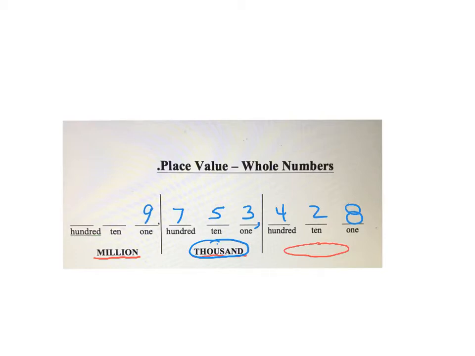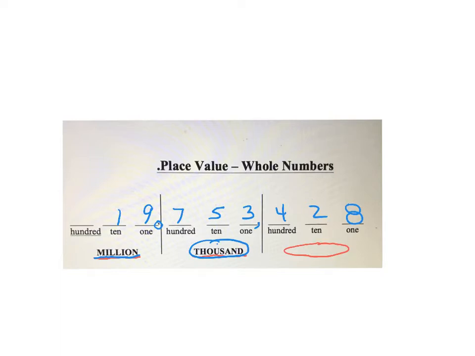And notice once again there's a comma. The comma says that I need to give the name of that particular group. So it is 9,753,428. Here's 19,753,428.